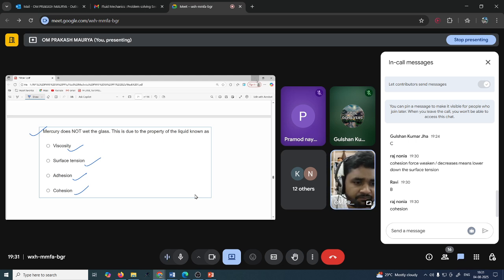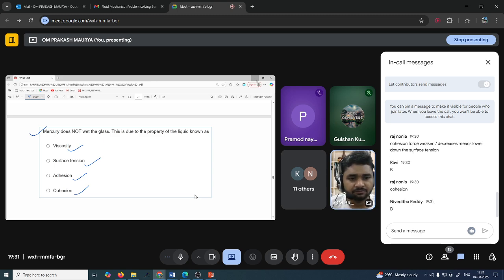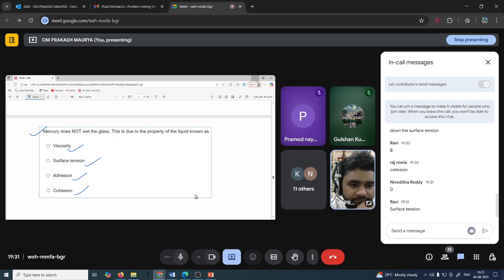Cohesion, okay. Raj is telling cohesion. Other participants, also try to give your answer. Ravi is telling surface tension.